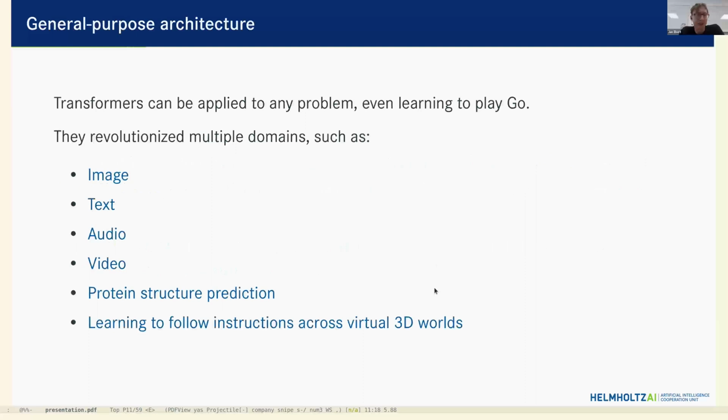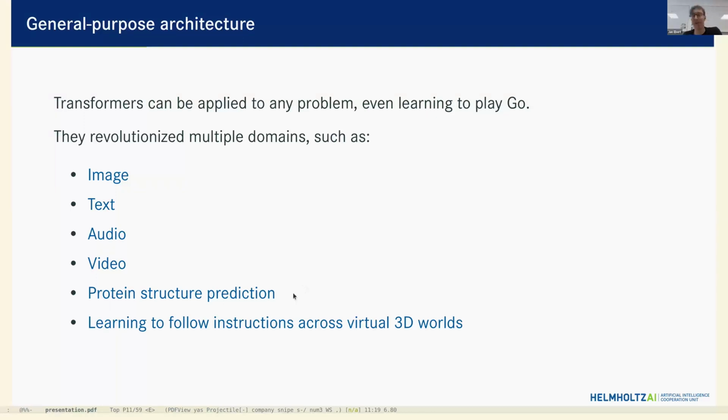The cool thing about transformers, as I already said, is that it was a revolution in the field, so they can really be applied to anything. And they win all the competitions these days. In image recognition, they are better than everything that has been done previously. In text generation, as we all know by now, in audio recognition, in video generation, transformers have become the best thing to use. And some amazing achievements have also happened, like protein structure prediction.